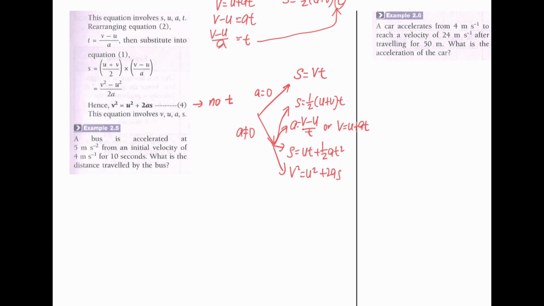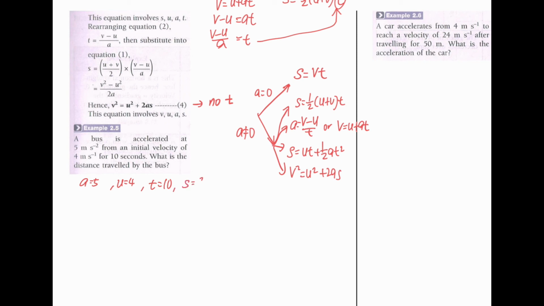Okay, now let's see example 2.5. A bus is accelerated at 5 meter per second per second. So you have to write down the information given. a equal to 5. From an initial velocity of 4, so u equal to 4, for 10 seconds, t equal to 10. What is the distance traveled by the bus?